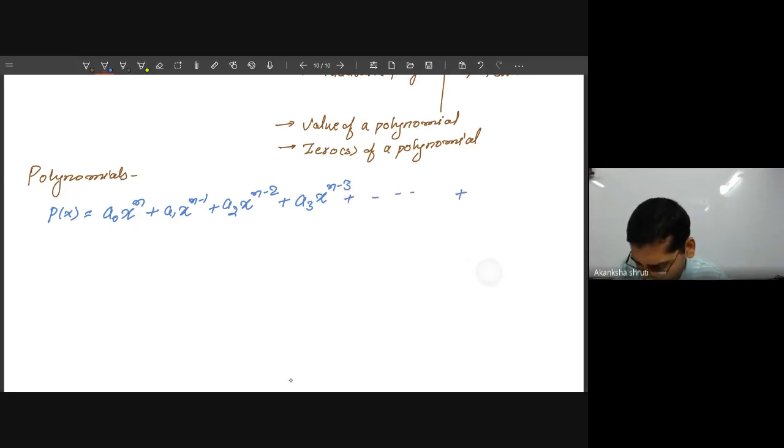The second last term is given by a(n minus 1) x, and the last term is given by a n. Students, how many terms are here? 1, 2, 3, 4 going on.